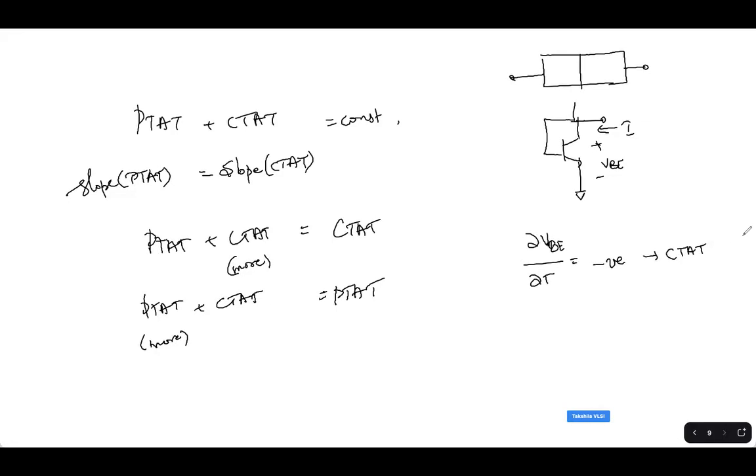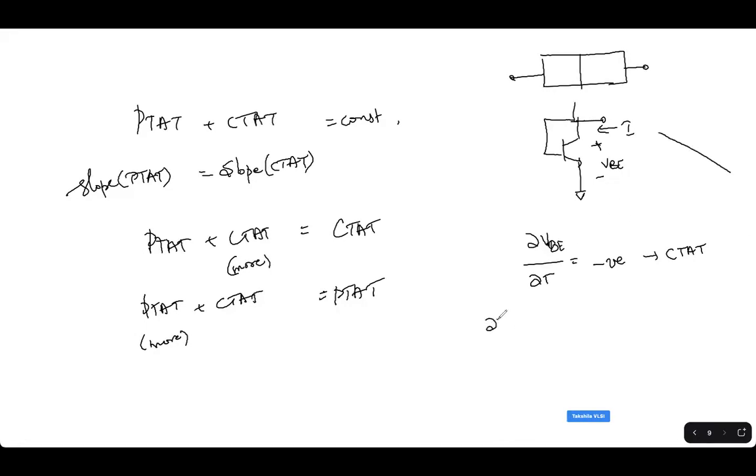Meaning, as you go on observing VBE over temperatures, VBE will always have a downward trend, and it is a straight line when you observe from, let's say, 0 degrees to 120 degrees. It's always that your VBE is a CTAT curve, and the curve looks like this.